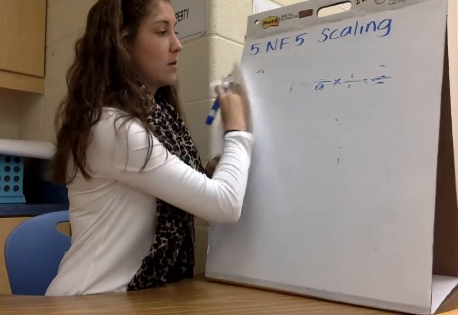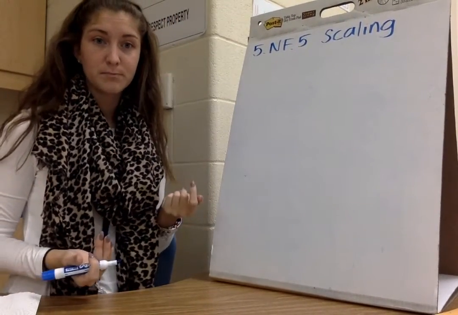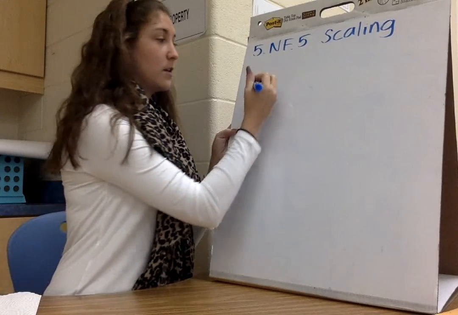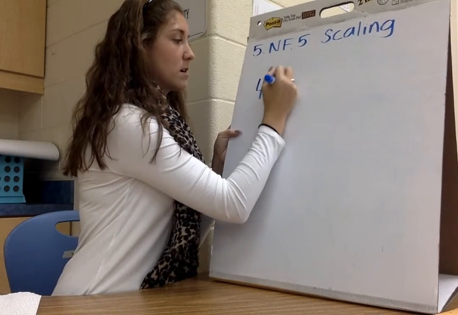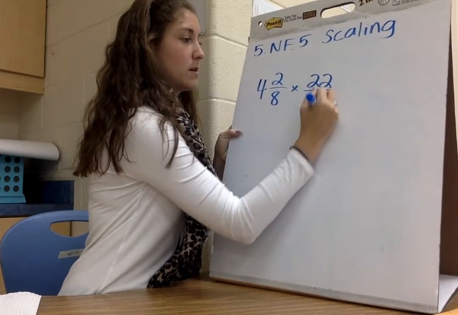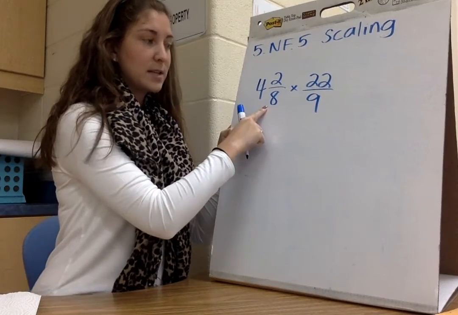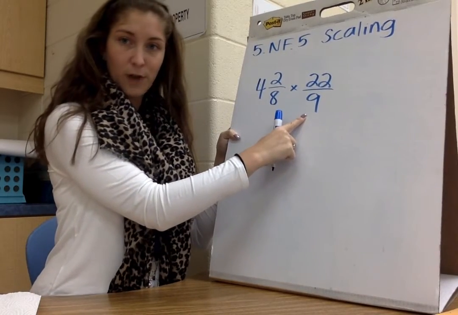Now, when I go to multiply by an improper fraction, so if I had 4/2 times 22/9, now I'm multiplying a mixed number by an improper fraction.